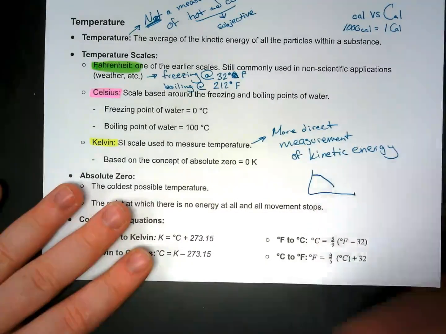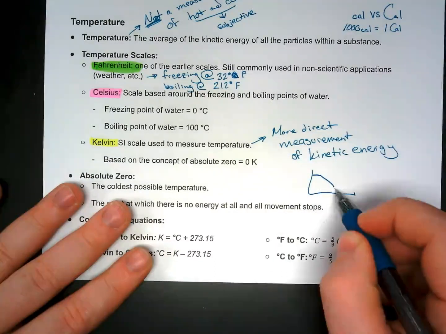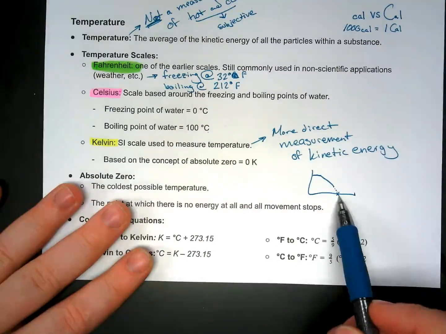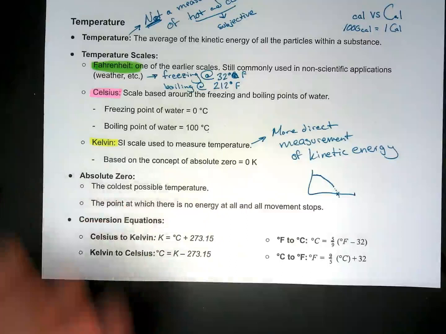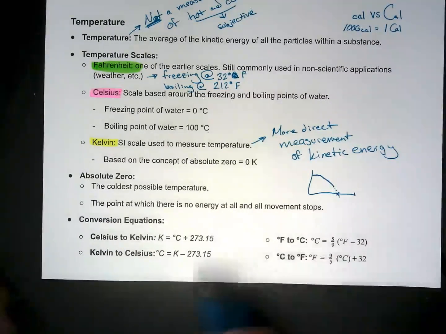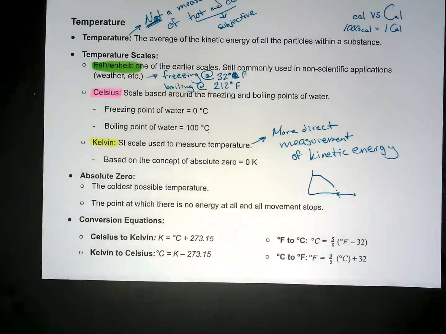Past that, our tools can't do it. So they use that slope and say somewhere right there would be absolute zero. We can't measure there, but we can mathematically say it must be a thing. It's the point at which there's no energy at all and all movement has stopped. Okay, that's absolute zero.